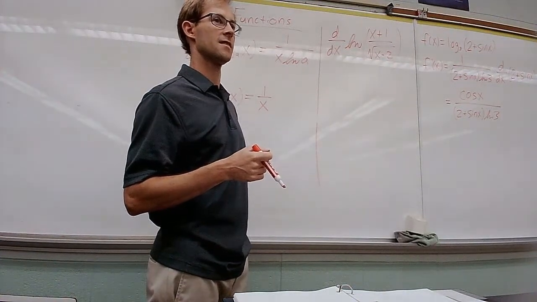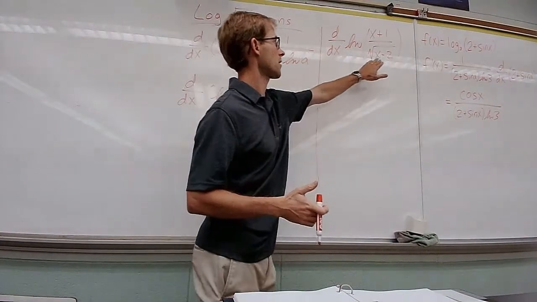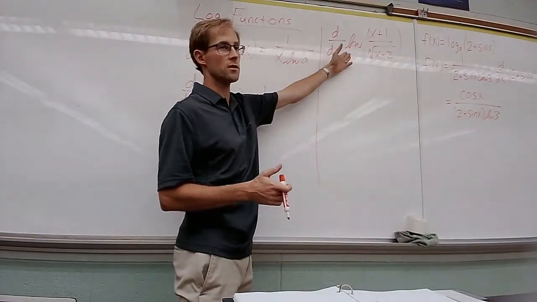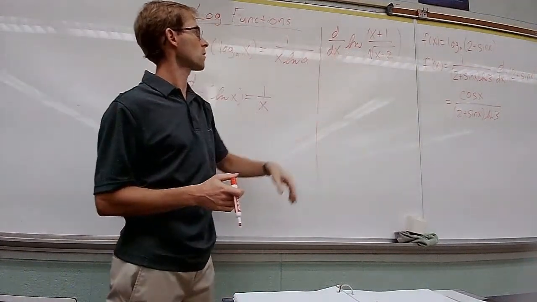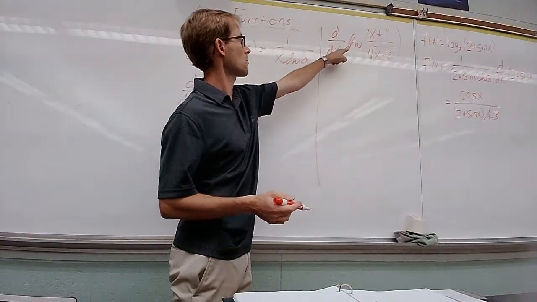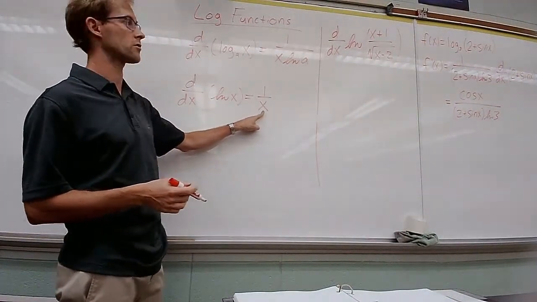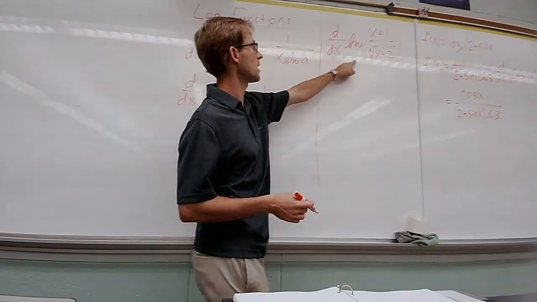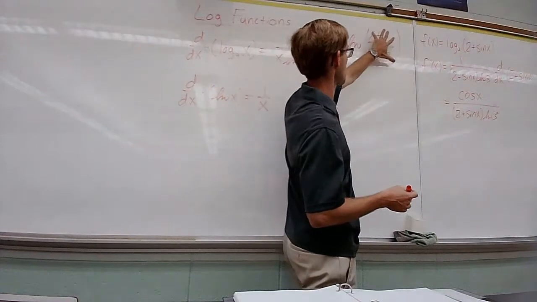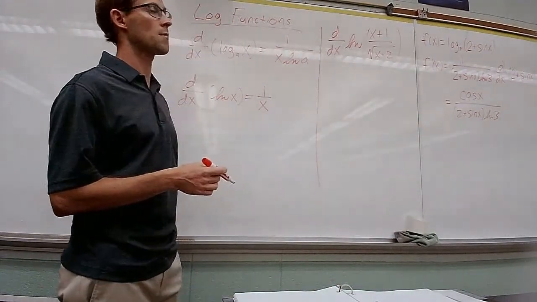So this is the sort of thing where, again, we do have a chain rule. This is our inside function, but the outermost function is natural log. So because of that, we got to take the derivative of that first. The derivative of natural log is just 1 over whatever that function is. So you would begin by just flipping them. Because 1 divided by that quotient is just going to be square root x minus 2 divided by x plus 1.